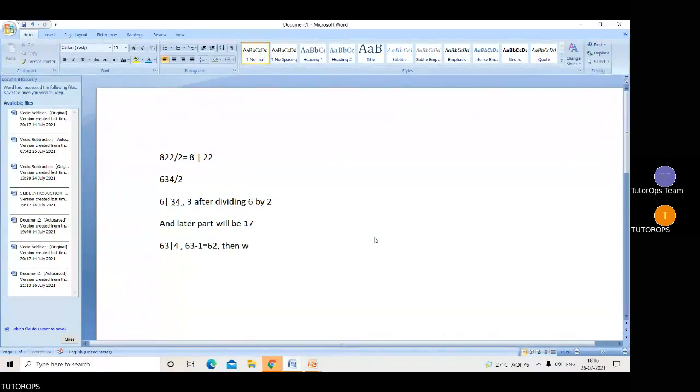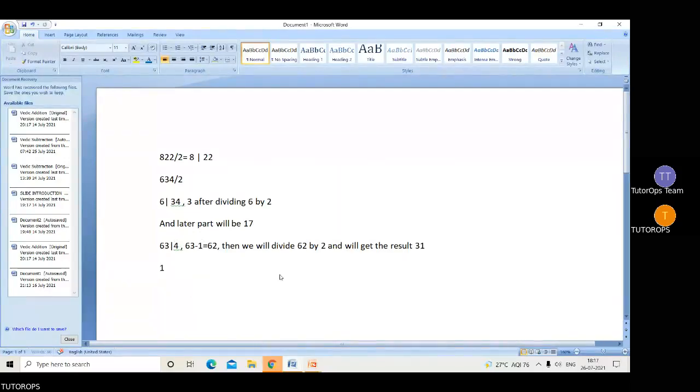And then we will divide 62 by 2, and we'll get the result 31. And for the second part, here the second part is 4. But as we have subtracted 1 here, we need to add the 1 to the latter part.